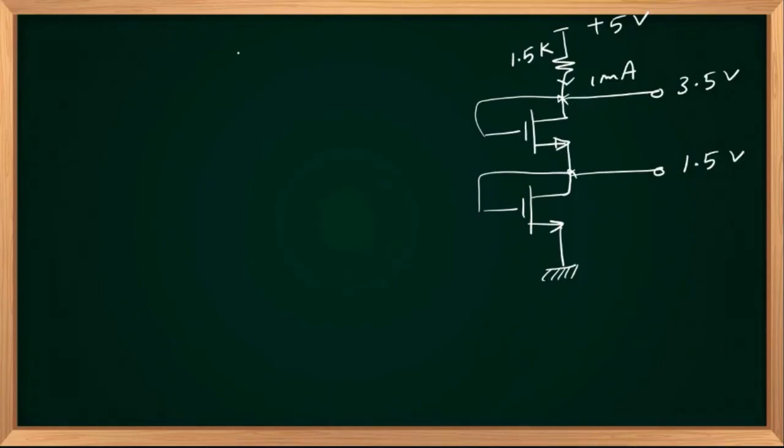In both cases VT is equal to plus 1. VT equal to 1 upper, and lower also VT equal to 1. And in both cases L1 equal to 1 micrometer as earlier. Here also L2 is the same, 1 micrometer.